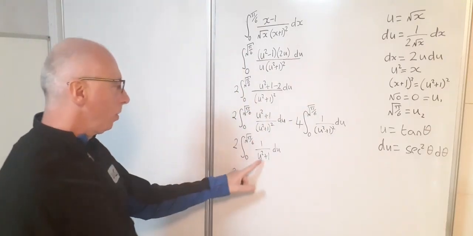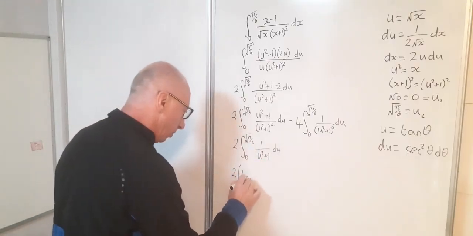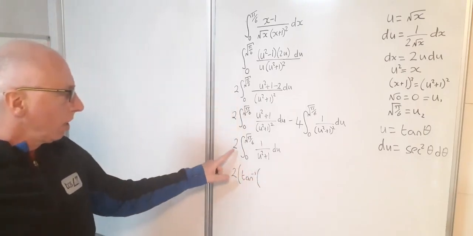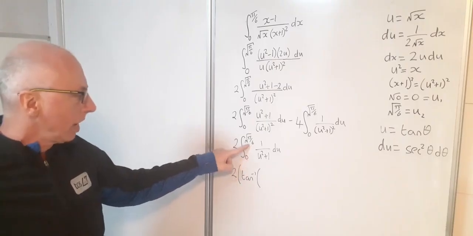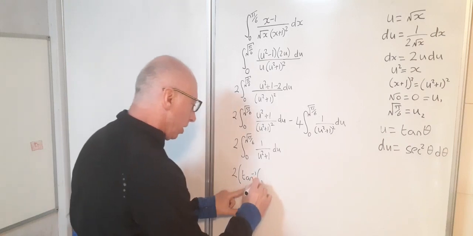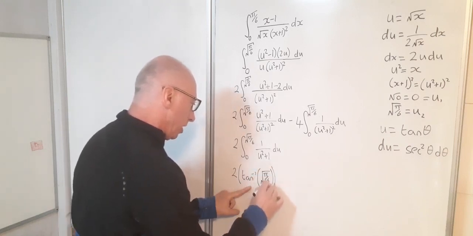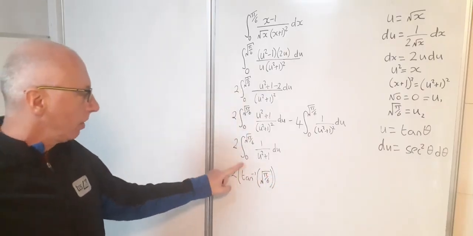So that's going to be 2 inverse tangent. So if I put a bracket around it, 2 inverse tangent. And what have I got? I've got from 0, well, inverse tangent of 0 is 0. And square root of pi over 6, that's my upper bound. So the inverse tangent of square root pi over 6. So that integral there now is all done and evaluated from the bounds.